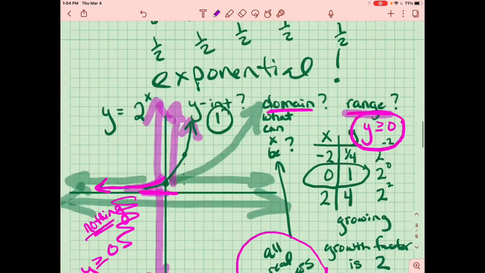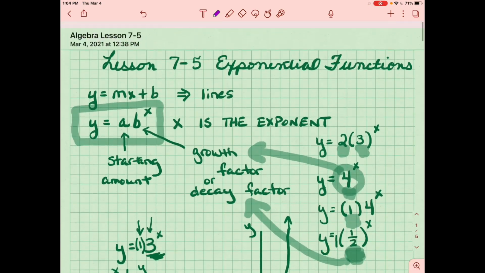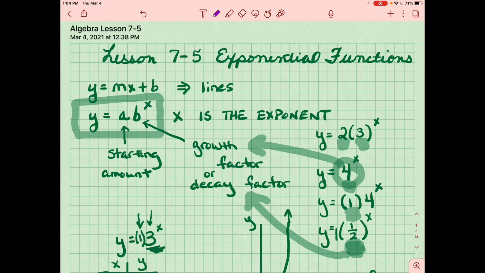Let's go back and review just one thing here. This is the key concept that I need you to make sure that you wrote down and defined really well. Exponential functions come in this form: y equals ab to the x.